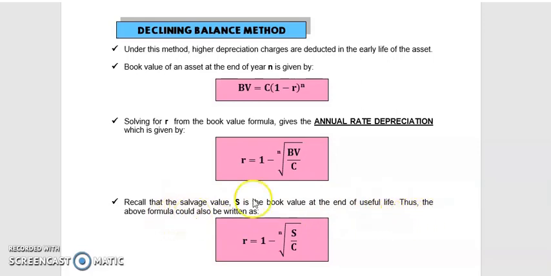Thus this formula also can be written as 1 minus the nth root of S divided by C, where S is salvage value, the value of the asset at the end of useful life. So if you want to know the annual rate of depreciation, you use this formula.